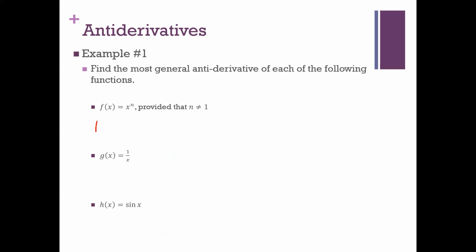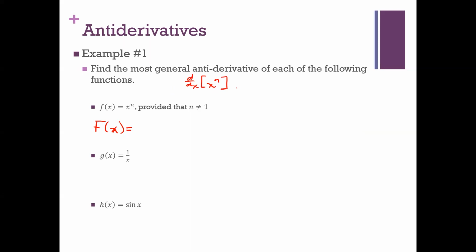Power rule, basically. You have some variable x raised to the power of n. I don't want the derivative though, I want the antiderivative. And one thing we said was, all right, I'm going to take a derivative of x to the n. It's kind of a two-step process in a way.